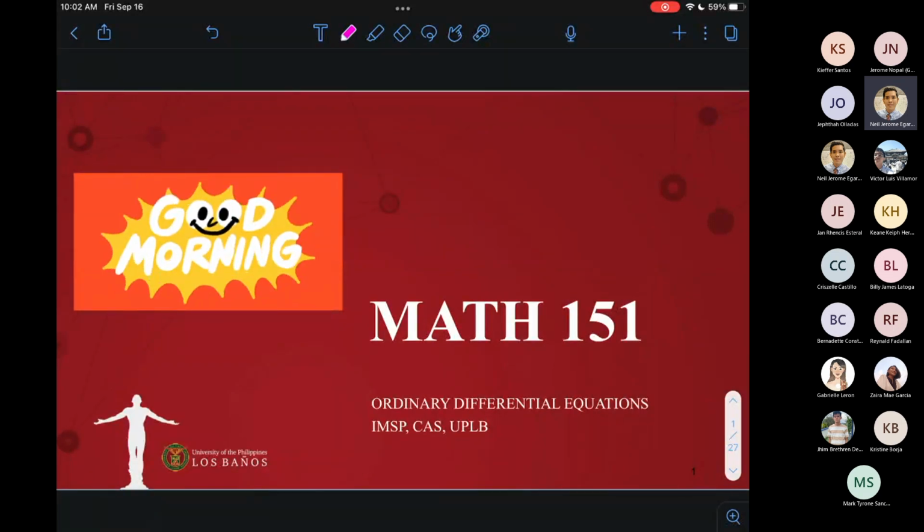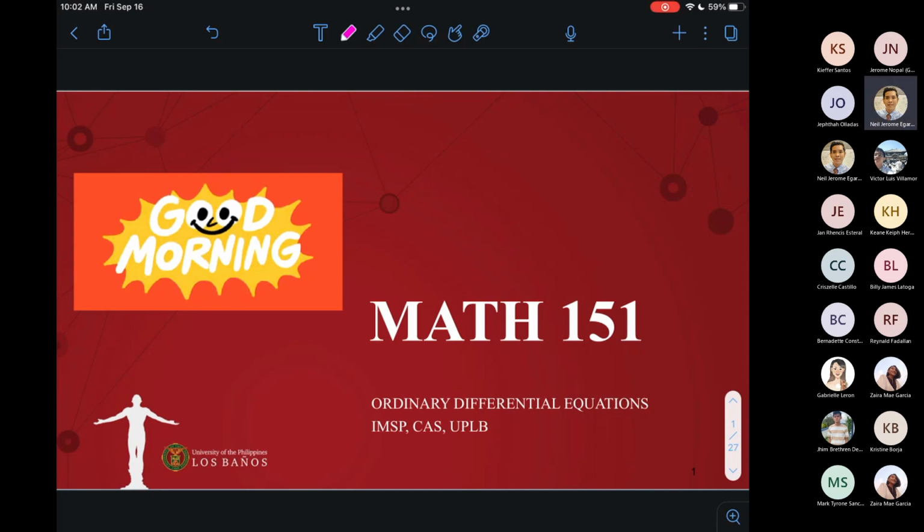For example, dy over dx equals x squared. So you're asking what is the function y whose derivative is x squared. The answer by simple integration will give us 1/3 x cubed plus any constant c. So there would be an infinity of solutions.